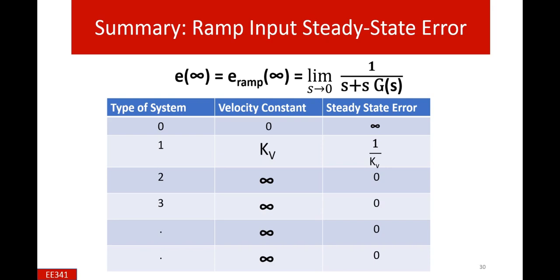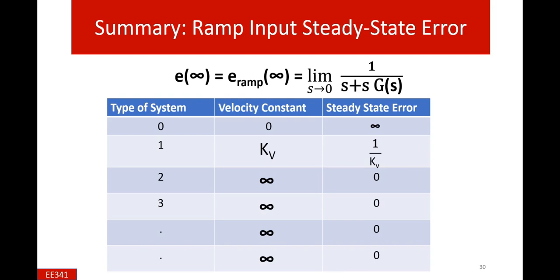If it is type 0, the steady state error is infinite, and for type 1 there is some constant, and for type 2 the denominator will be infinite and the steady state error is 0.